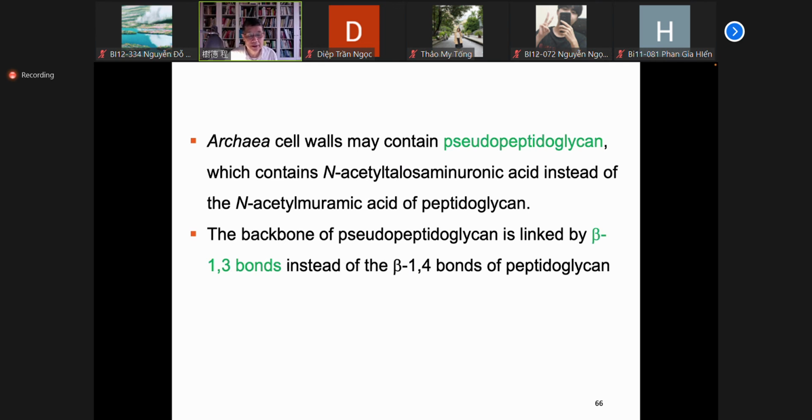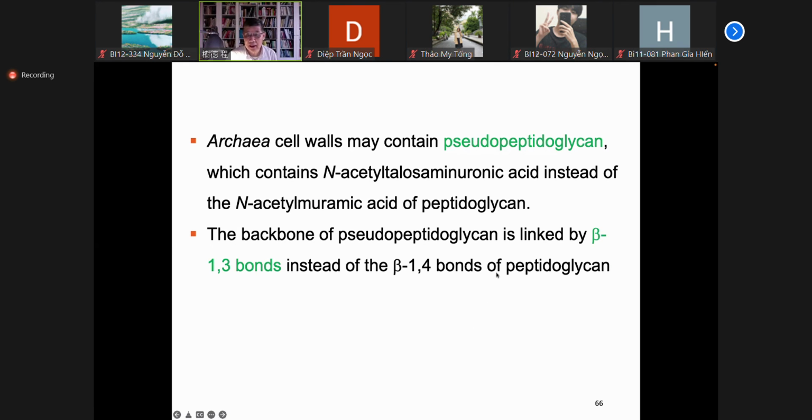Now the archaea, which I will introduce in the third lecture, is a new domain of bacteria, which is different from the bacteria in many ways. And its cell wall is quite different.